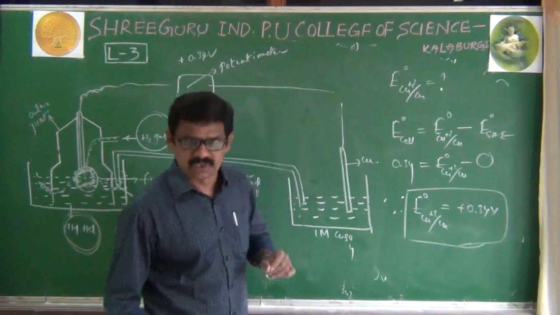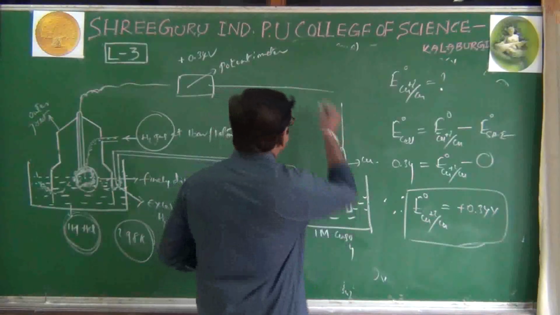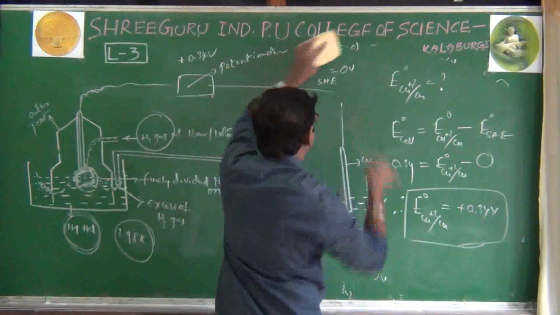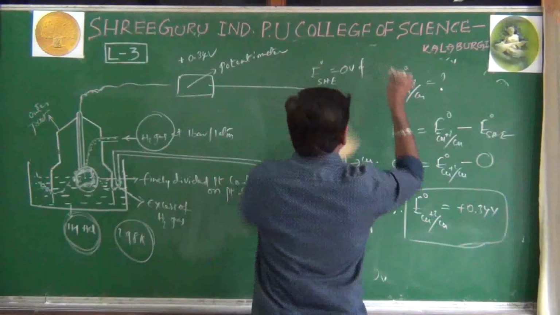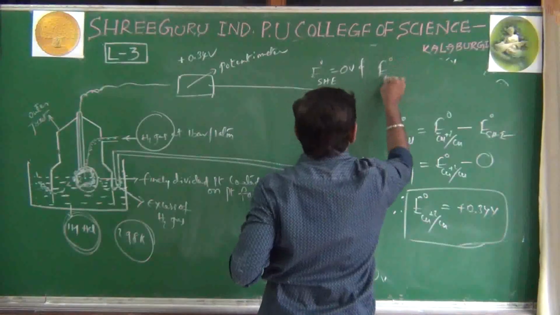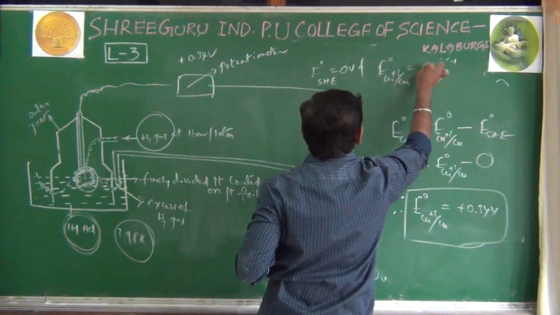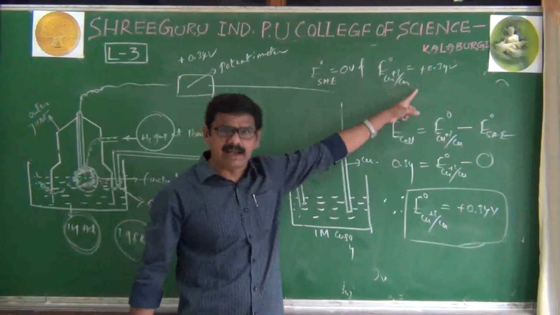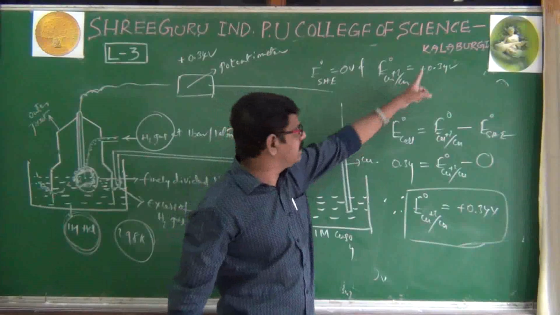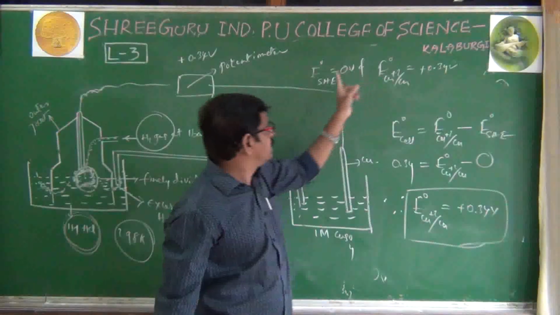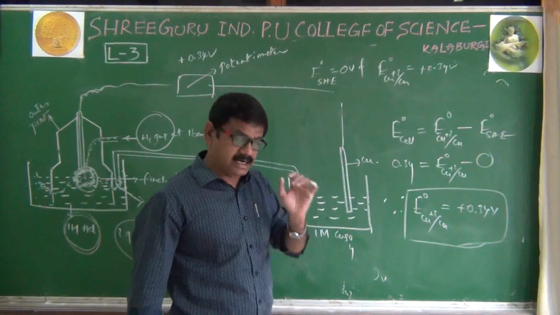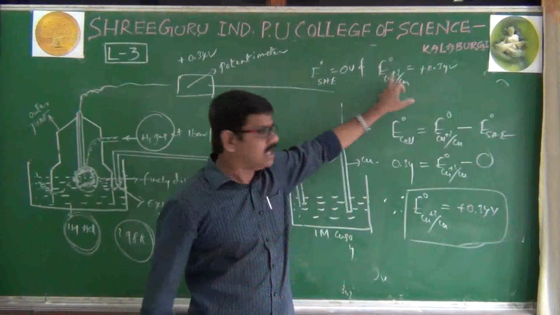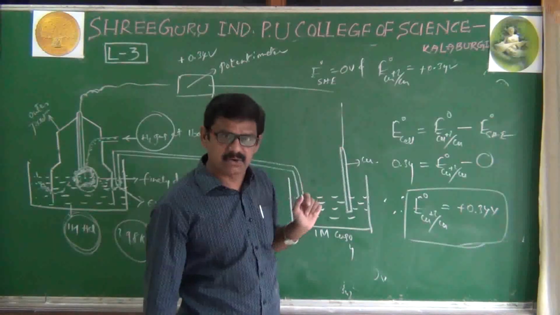Again here we have to observe one important point: E naught SHE value is 0 volts, as well as E naught Cu plus 2 oblique Cu is plus 0.34. When we compare both values, copper definitely has the bigger, higher SRP value, and SHE has the lower SRP value. According to IUPAC convention, the higher SRP electrode acts as cathode and the lower SRP electrode acts as anode.